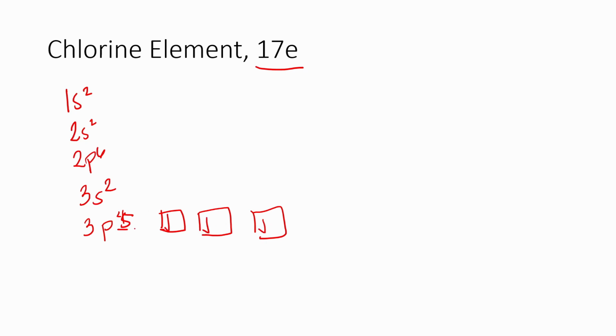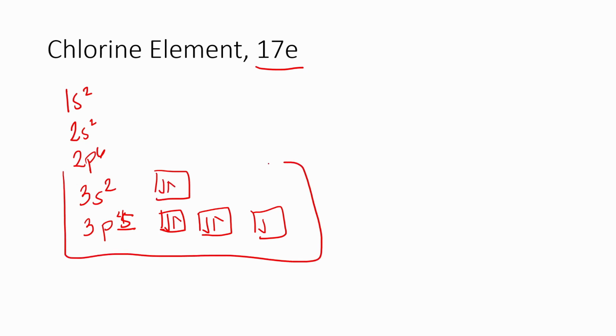And we have 2 left. So 1, 2, 3, 4, 5. This is our chlorine element. Let's draw s as well. And this is the valence shell of our chlorine. Chlorine has 7 valence electrons.